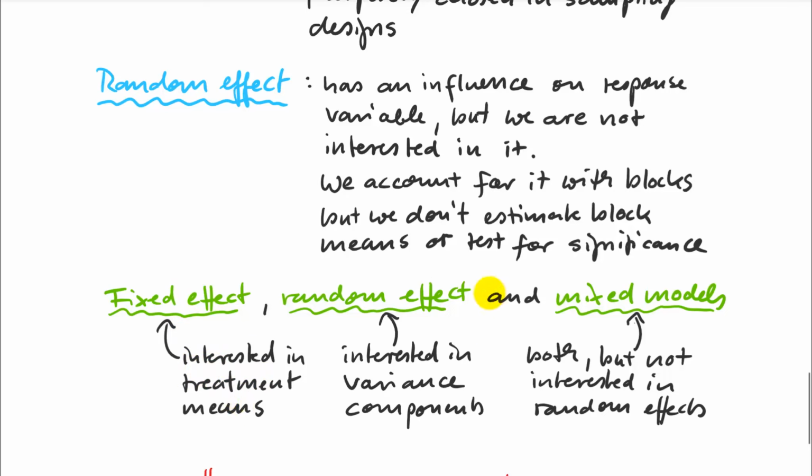You can have completely random effect models, so if you're just interested in variance components, you don't have any fixed effects. So that's very common in plant breeding or genetics, where you're simply asking, what's the variance component that's due to genetics and what's the variance component due to environmental effects. And mixed models have both. And the most typical example is a randomized complete block design. So you have a treatment and a block where you don't actually care whether your blocks are significantly different and by how much. So this is just an experimental design factor.